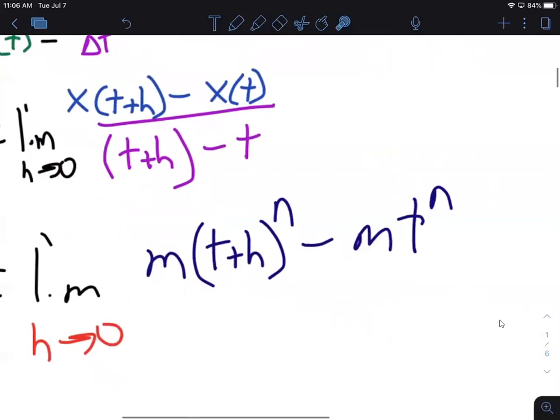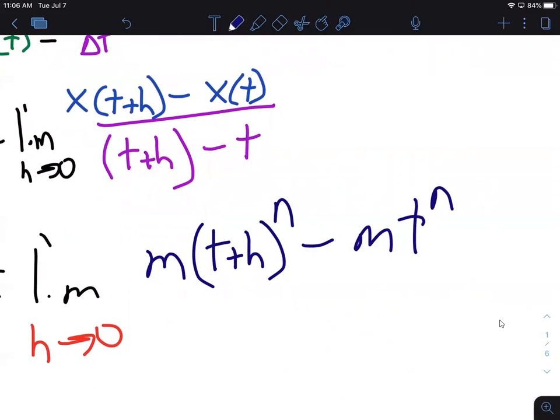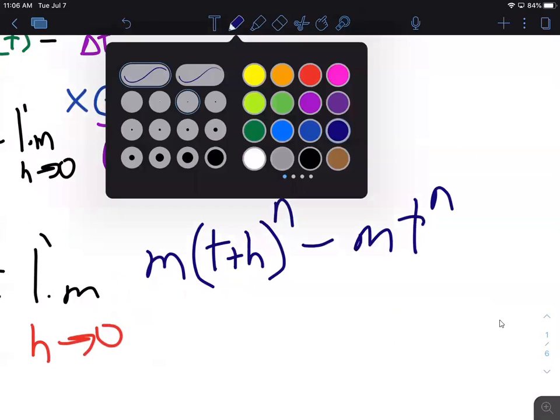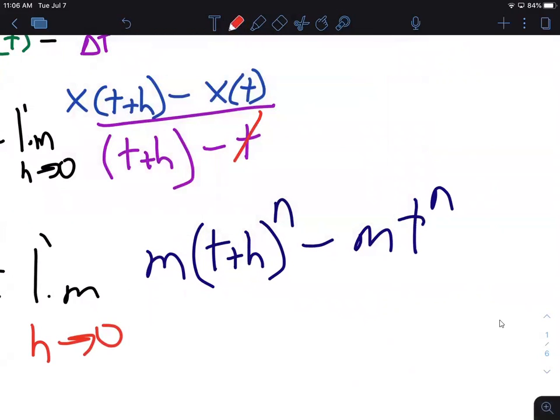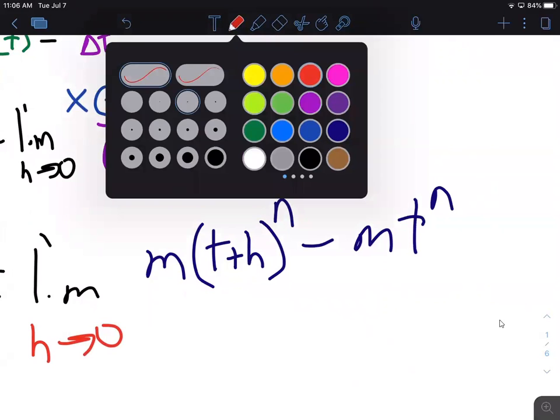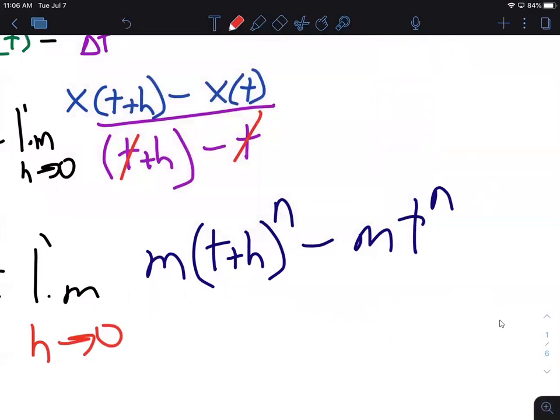And then I can cancel some things on the bottom here, right? I got t plus h minus t. Well, that gets rid of the t's. t minus t is 0. All right, so we put all of this over just h.